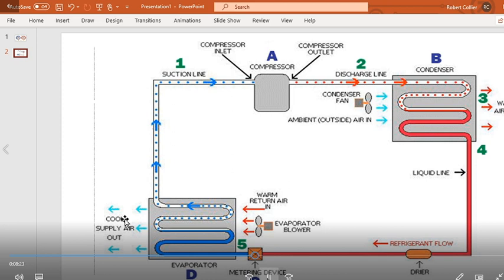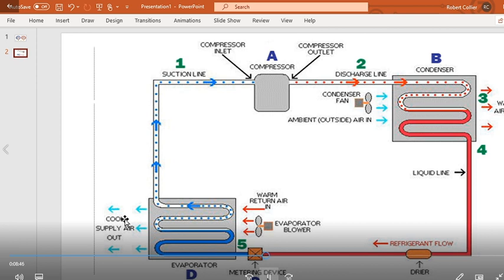It's taking that heat off the air that already exists in your home, from you breathing, from the sun, from cooking, from TV, from lights, whatever it is. That heat that's already in the molecules of your air, it's taking that heat, boiling the refrigerant at 40 degrees, and absorbing that heat.